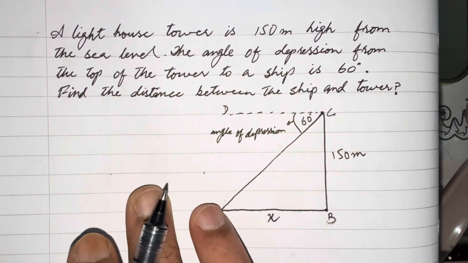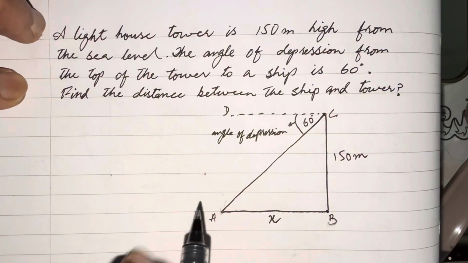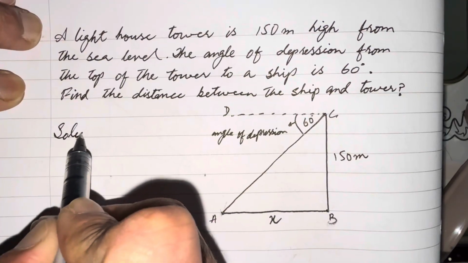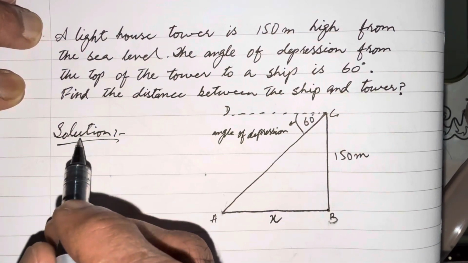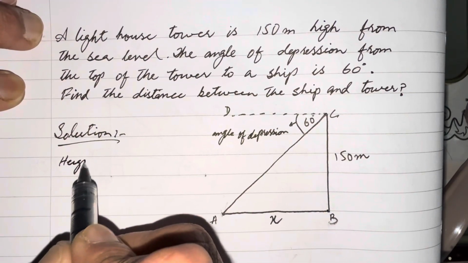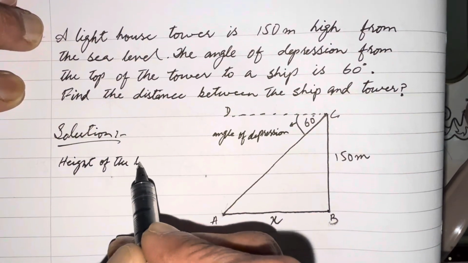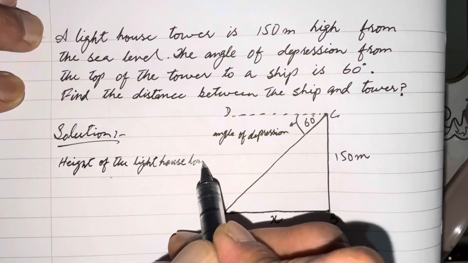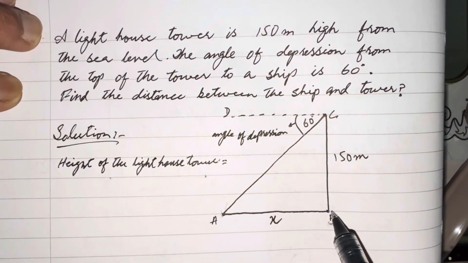The height of the lighthouse tower is represented as BC, and it is 150 meters. So the solution: height of the lighthouse tower is 150 meters, which is represented as the measure of BC.